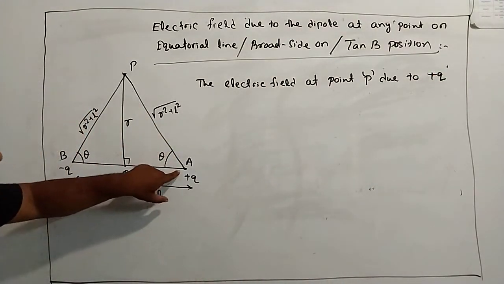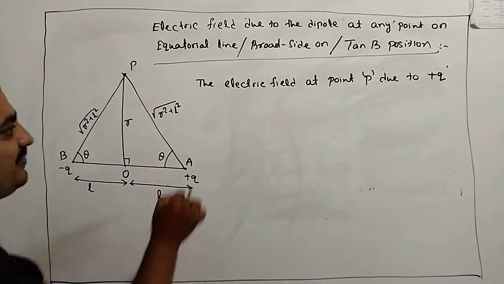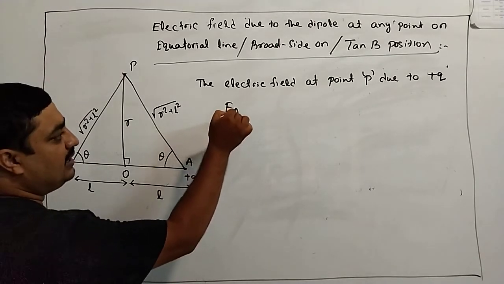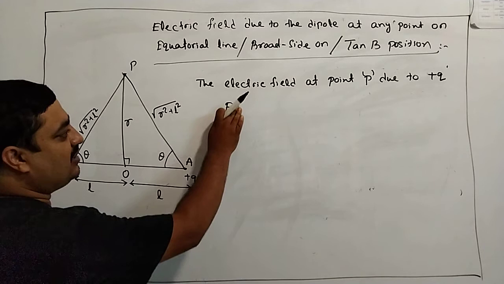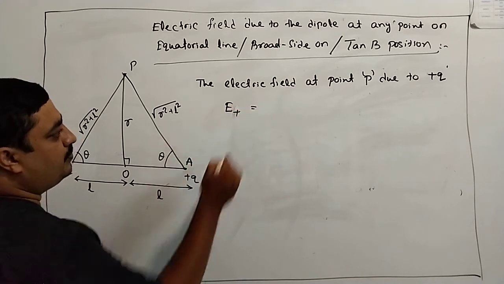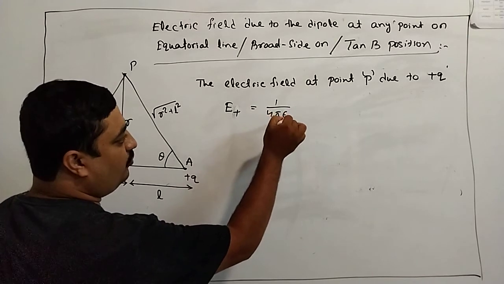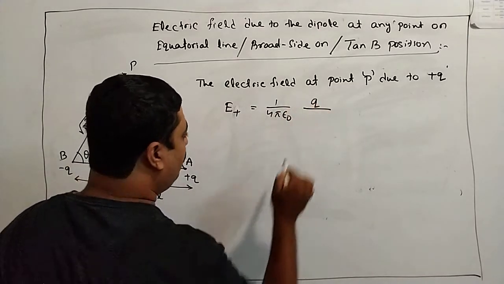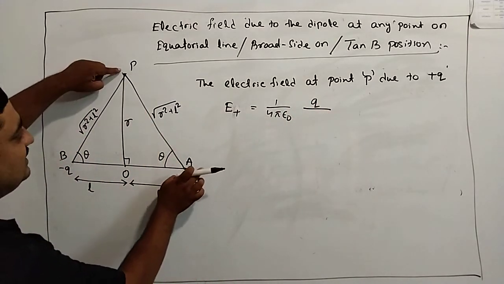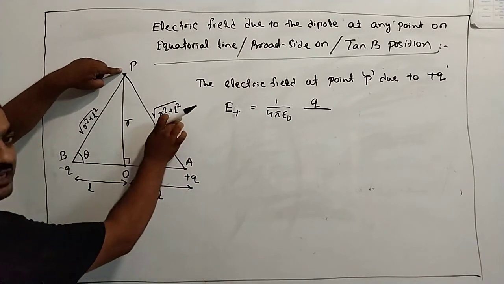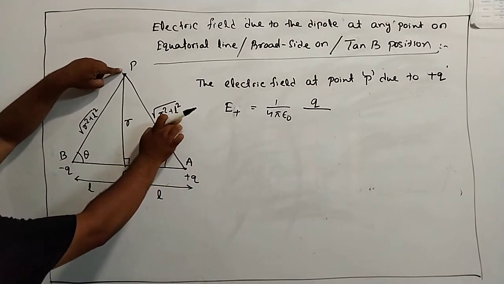So plus Q charge's electric field at point P, E plus equal to 1 by 4 pi epsilon naught Q by r square. Now Q by distance AP, it is equal to root over of r square plus l square.